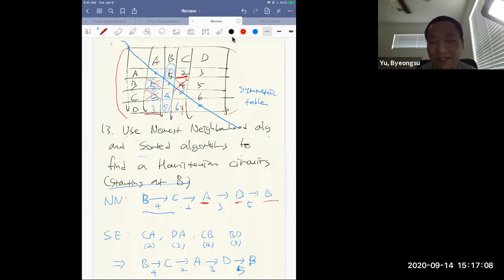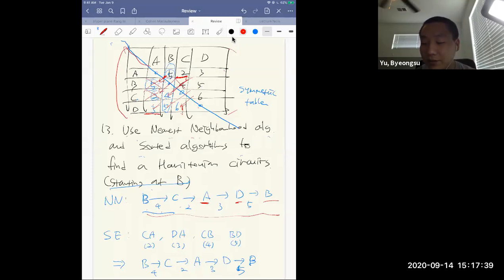So you can always make your table a symmetric table, so that 2 corresponds to 2, 4 to 4, 5 to 5, 6 to 6, and 3 to 3. Along this diagonal line you can see that this table is symmetric, and by using the nearest neighbor algorithm, you can get this path.